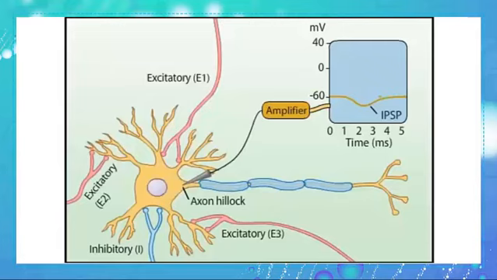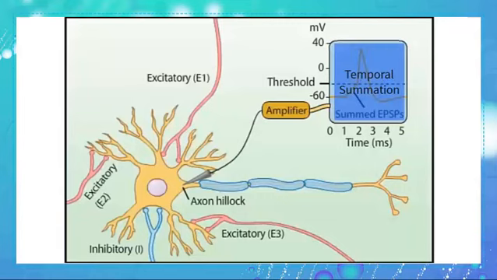But what about an EPSP? If the motor neuron receives several signals from an excitatory presynaptic neuron in a short period of time, the motor neuron will add up the generated EPSPs. If the summation exceeds the threshold, an action potential will be fired. This kind of summation of postsynaptic potential is known as temporal summation.